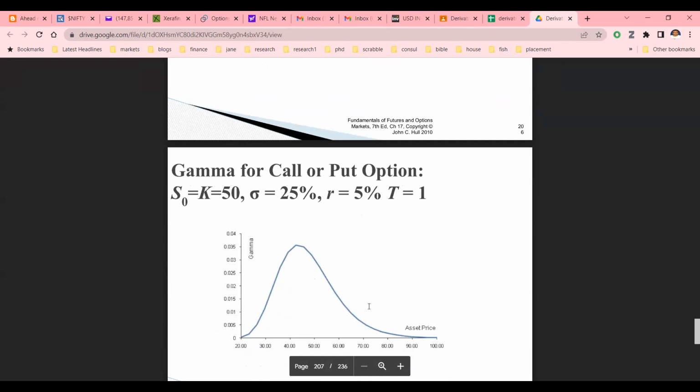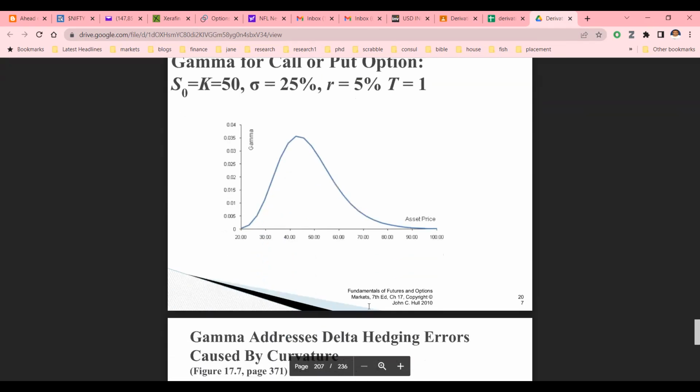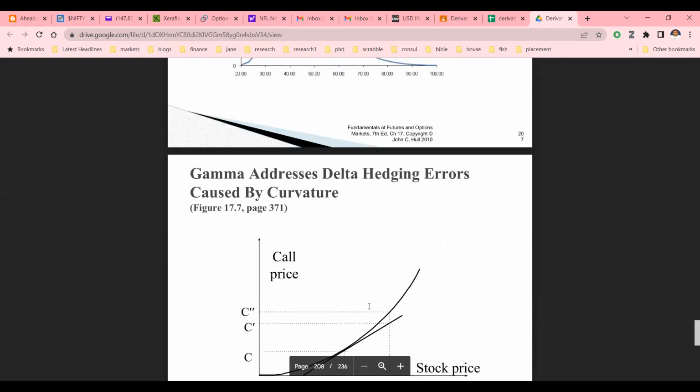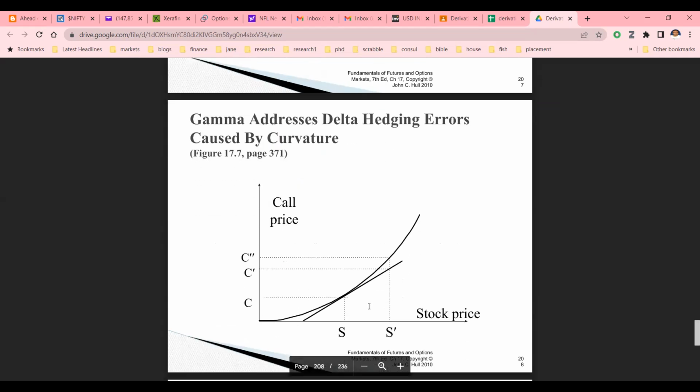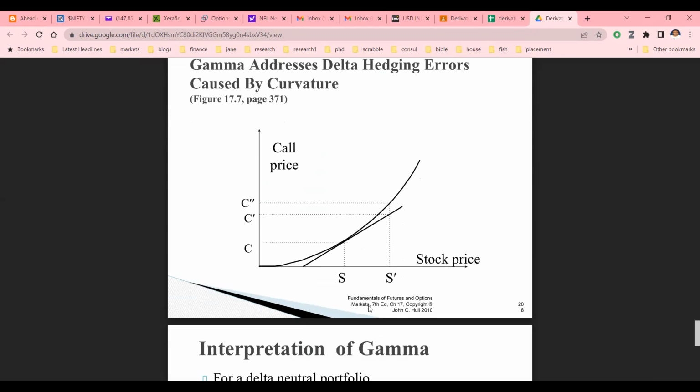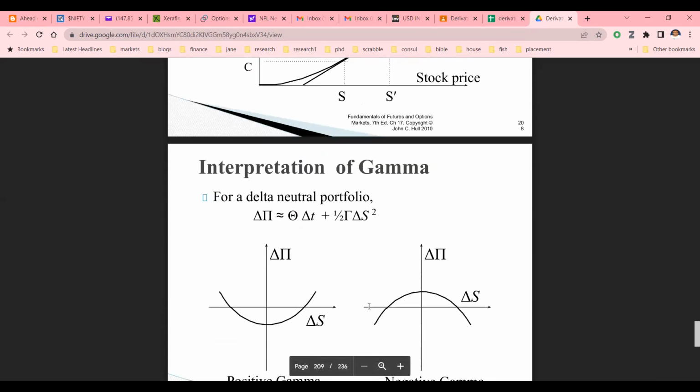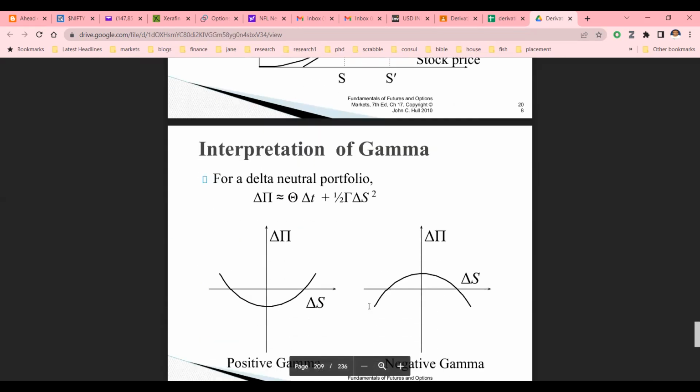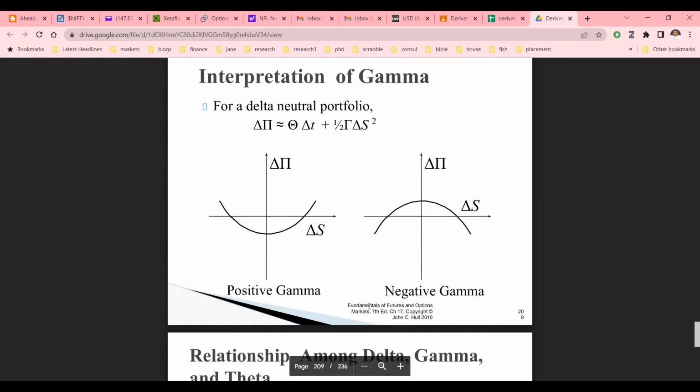So as long as gamma is positive, yes, we are happy. But when gamma shifts to negative, then, as long as gamma is positive, if the trend is up, it's a very good time to buy.